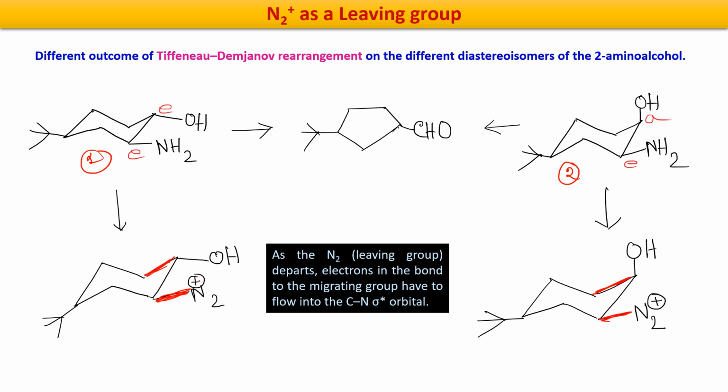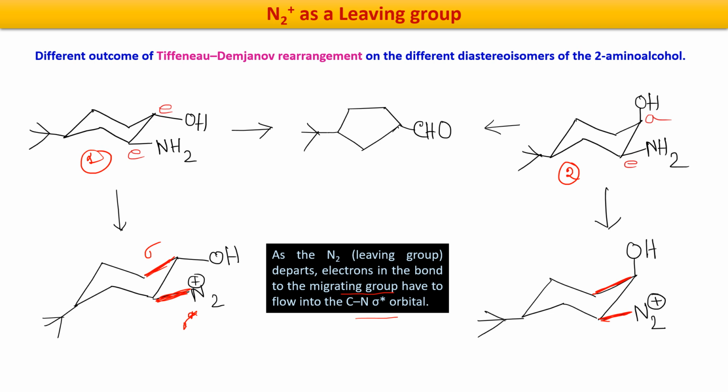So here, as the N2, which is the leaving group, departs, the electrons in the bond to the migrating group, that is the C-C sigma bond, flow into the C-N sigma star orbital. So you have to consider sigma star for the C-N bond and sigma for the C-C bond. So sigma, and this is sigma star.